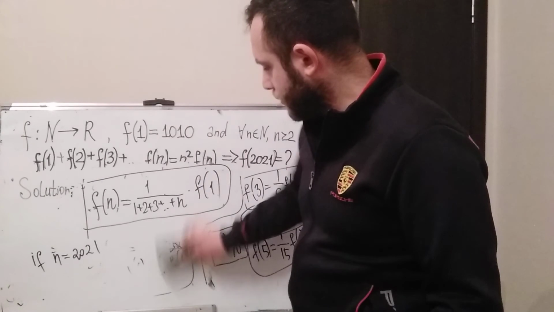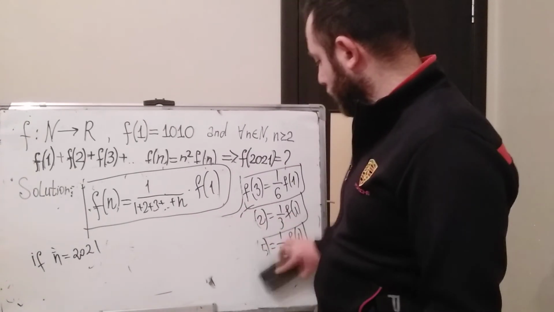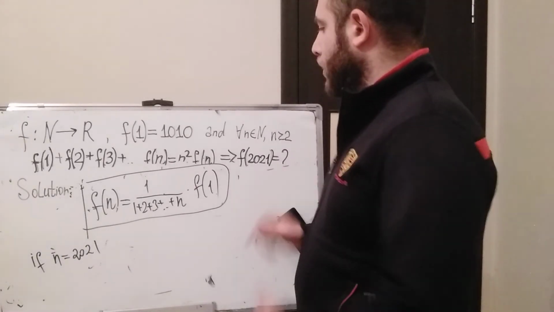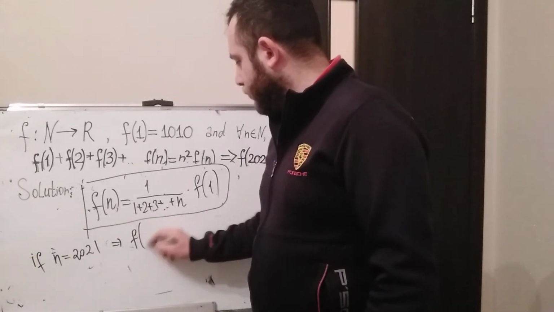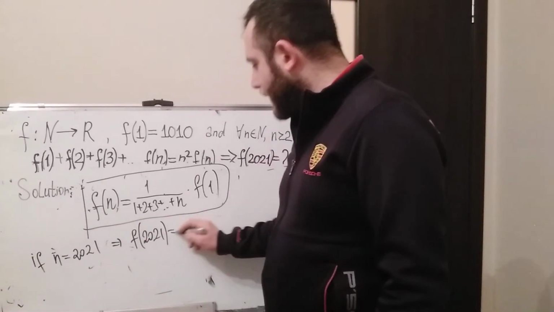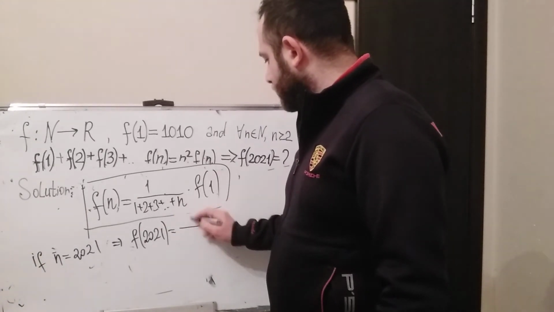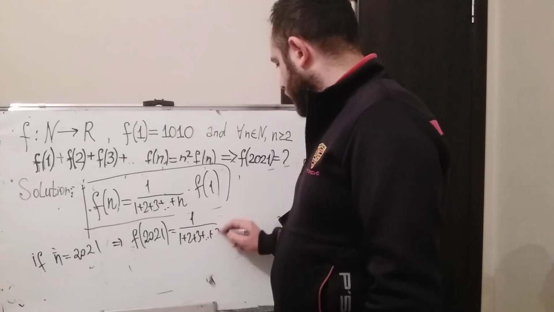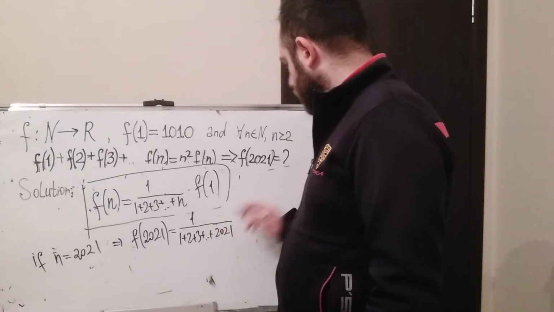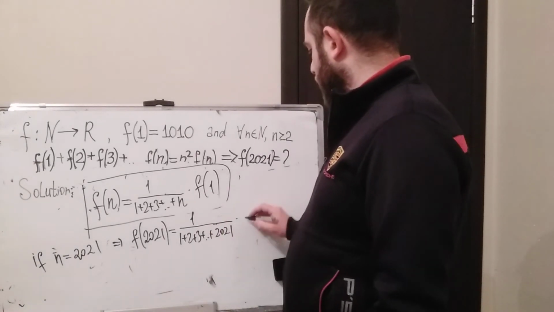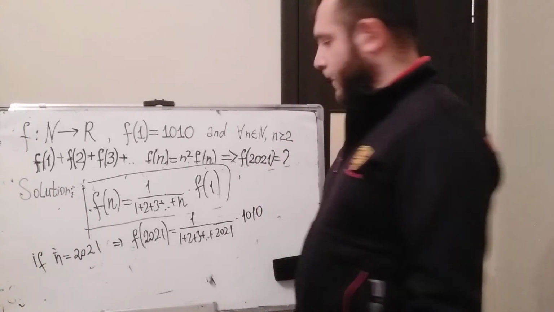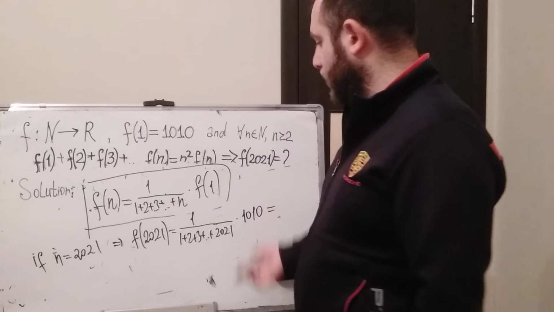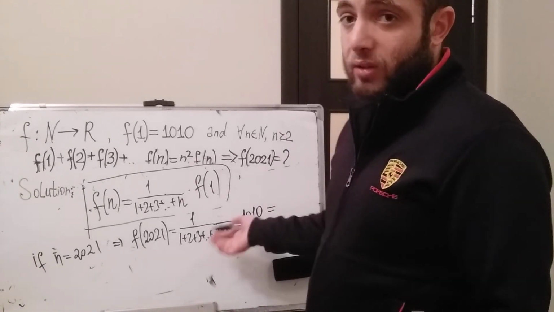We already solved a nice problem. So we will see that f of 2021 will be 1 over 1 plus 2 plus 3 up to 2021 times f1. f1 is this value. That's all. You can go further and calculate it if you want, or you can leave it here.